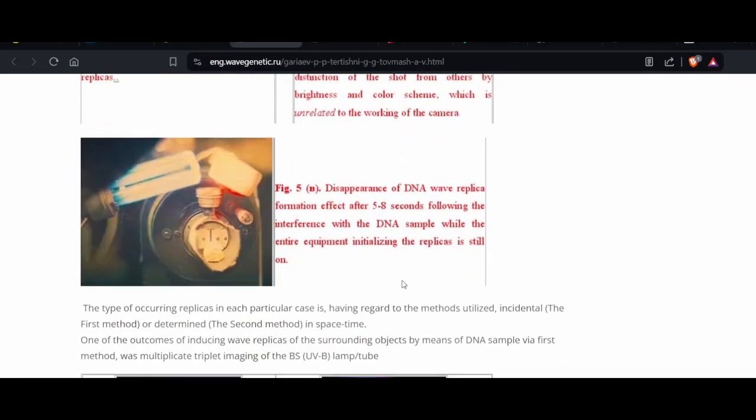So here, there's a picture. It says disappearance of DNA wave replica after 5 to 8 seconds following the interference with the DNA sample. So somehow when you mess around with the system while it's on, that phantom effect goes away.